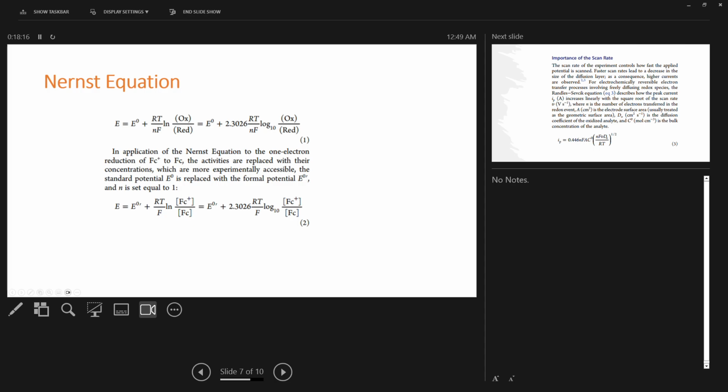If we convert this natural log to the common log, we get this constant value. We can also replace the oxidation and reduction of the species with the ferrocenium and ferrocene concentrations. It means that we can find the electrochemical cell potential by knowing the value of the formal potential.